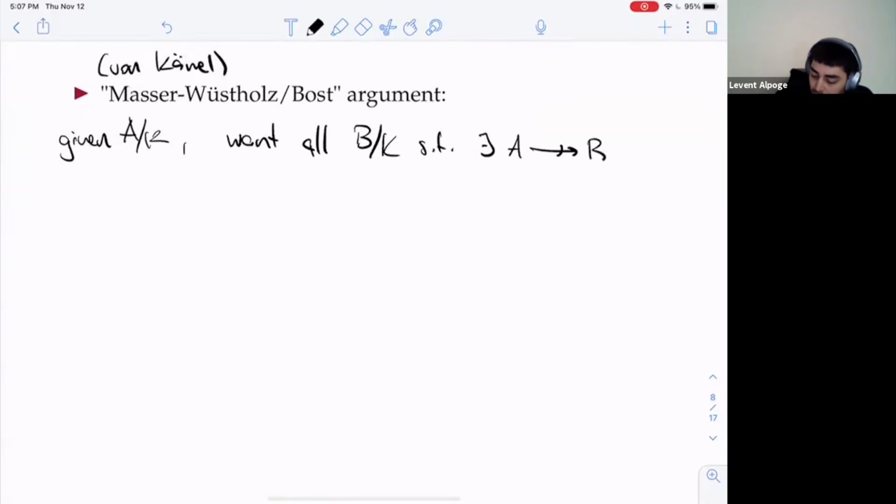So just in words, given A, you want to find all isogeny factors of A over K, all isogeny factors of a given abelian variety over K.